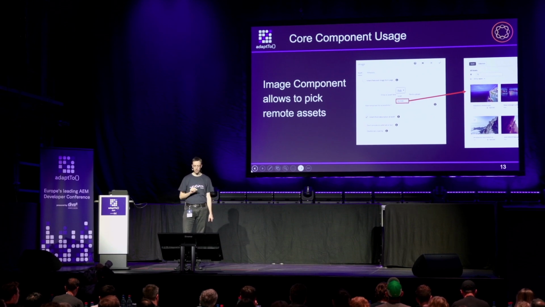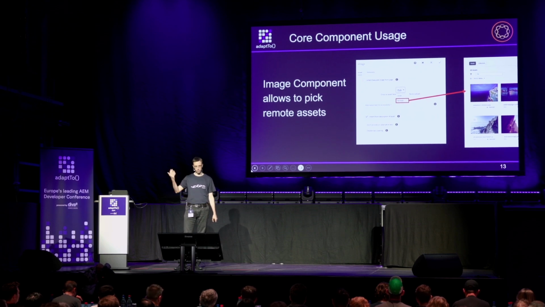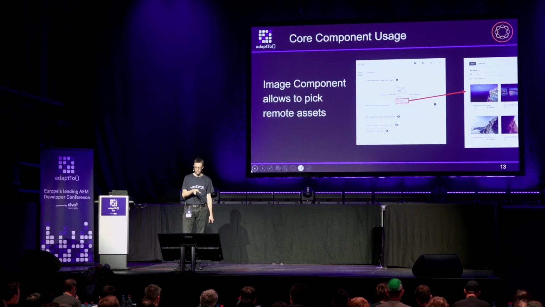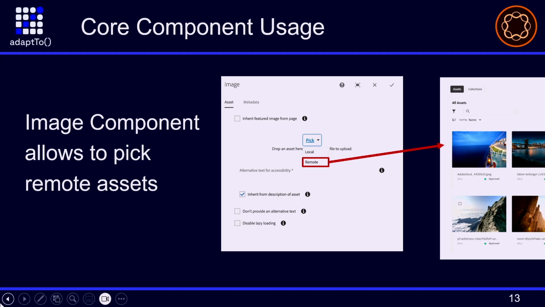This pick link has a different behavior. You can choose between local, which opens the classic AEM local asset pick dialog, and remote. And this remote opens the asset selector, and then you can pick remote references. This works nicely. You can also pick named smart croppings if they are configured and so on.